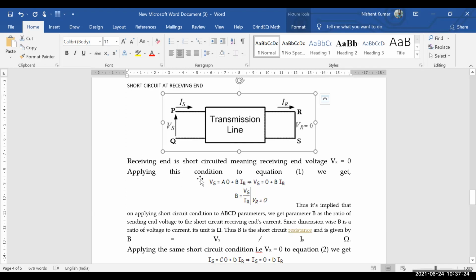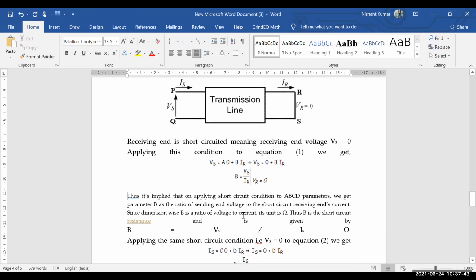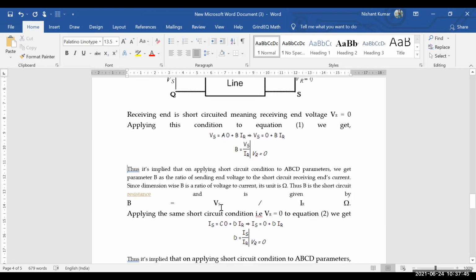Applying this condition to equation 1, we get VS equals to B times IR. So B equals VS by IR, that is your impedance, counted as Z, and its unit is ohm.